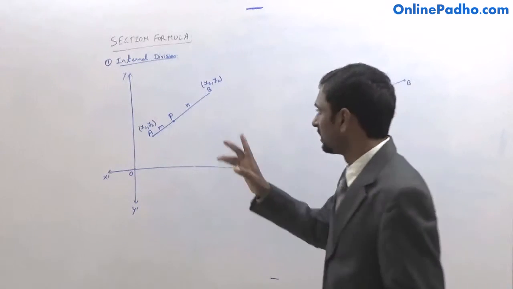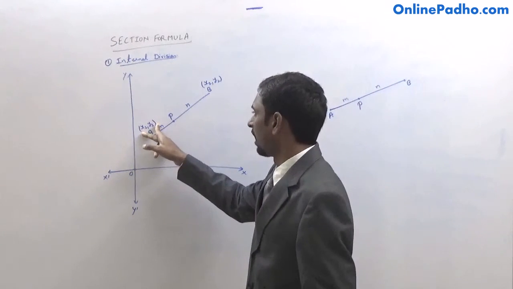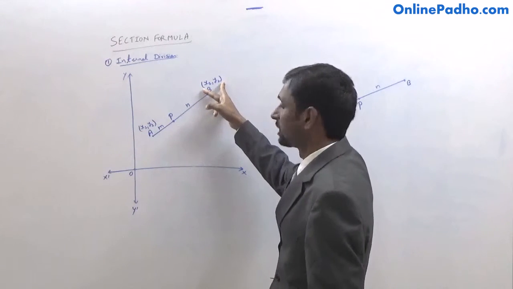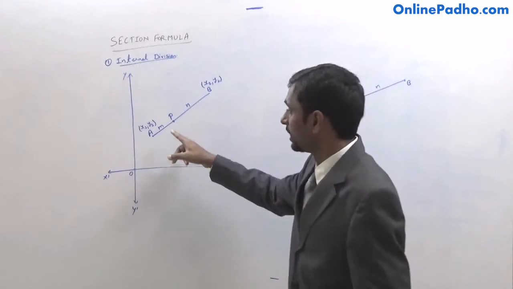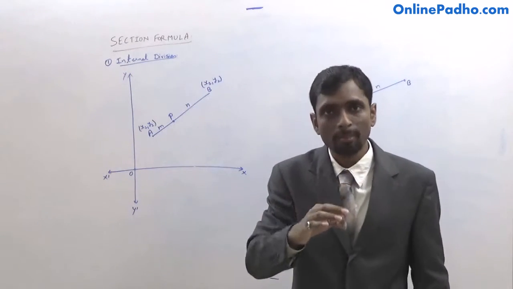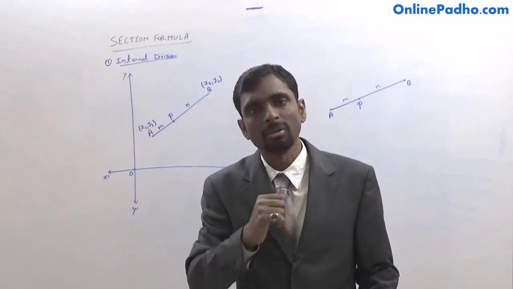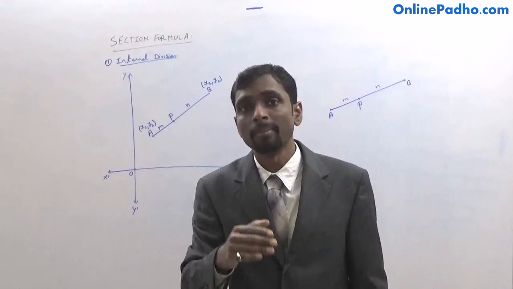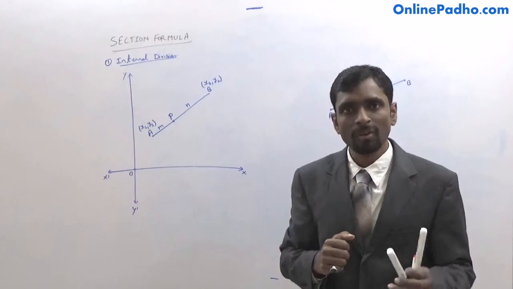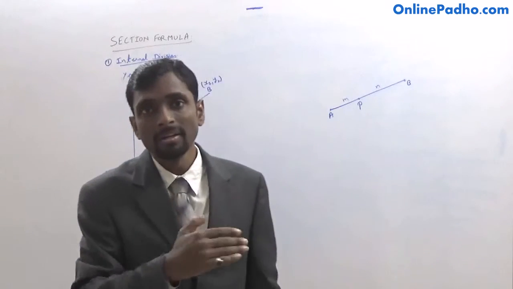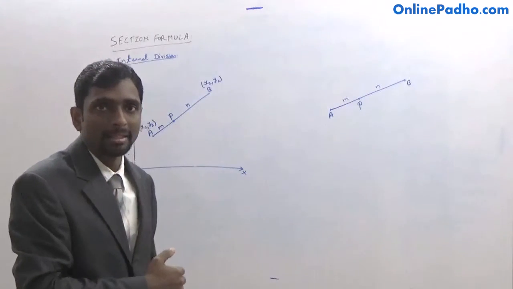So we considered the 2 points x1, y1 and x2, y2, which must be numerical values, and the ratio is also a numerical value. We need to find the coordinate of point P in terms of x1, y1, x2, y2, m and n. So we need to find the coordinate of point P in terms of the given A, B and the ratio.